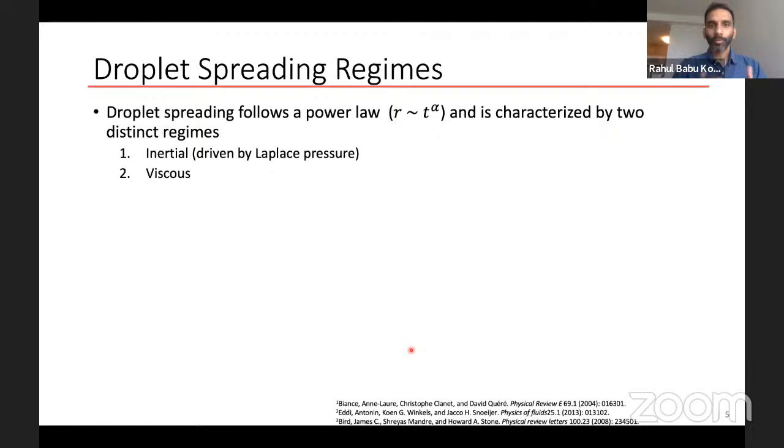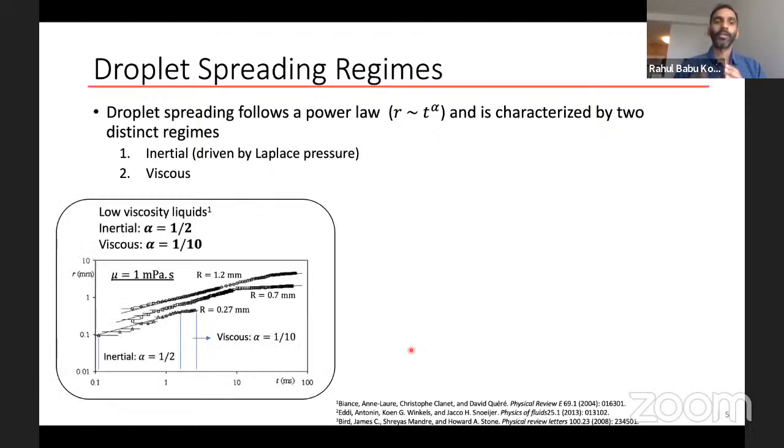So typically the spreading follows a power law. It is very well known, and it is characterized by two distinct regimes. A very fast inertial phase is followed by a slow viscous regime. And for low viscosity fluids, such as a pure water drop that is shown in this plot, the exponent scales as half, 0.5, in the inertial regime, and it goes as 1/10 in the viscous regime.